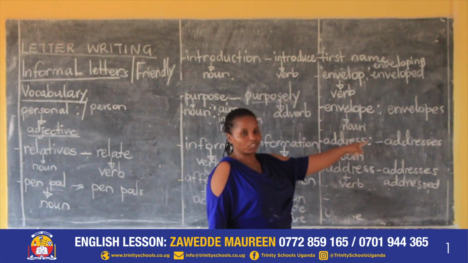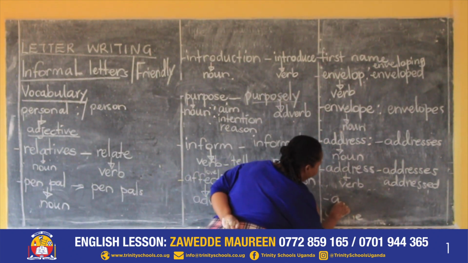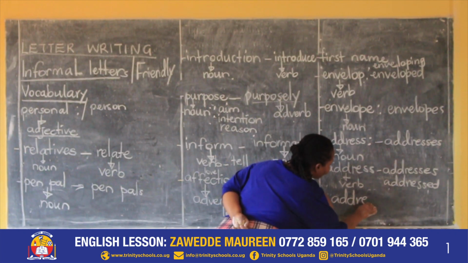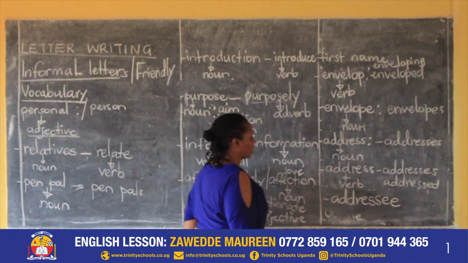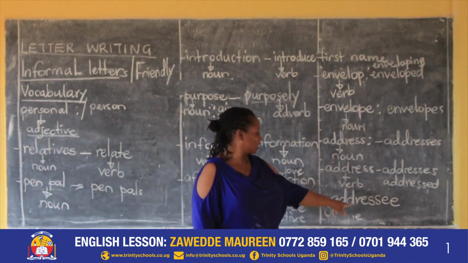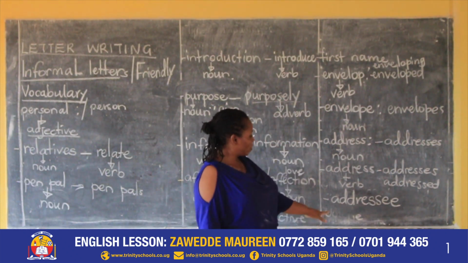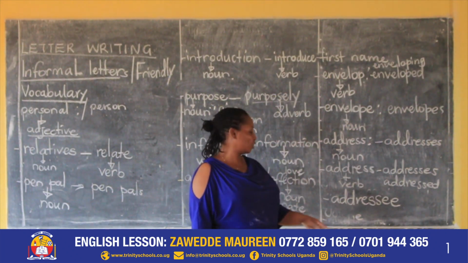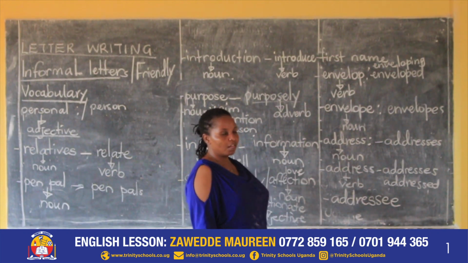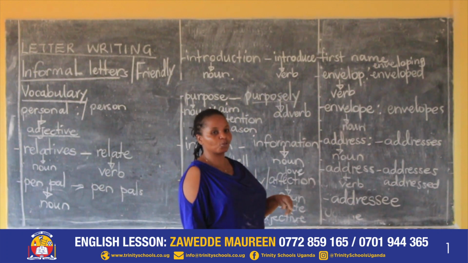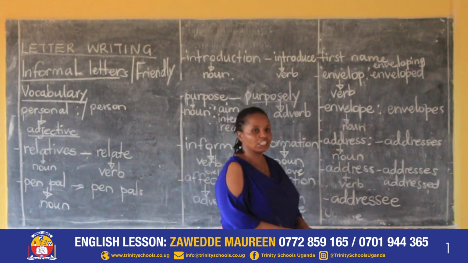Now the person whose address you've written on the envelope is called the addressee. The word addressee is quite unique. The spelling is quite unique, the double D and double E. So the person who is receiving the letter in this case is the addressee. The person Tyrell has written the letter to is called the addressee.